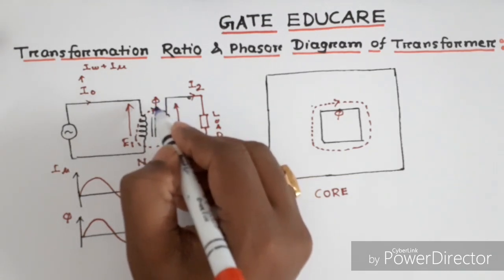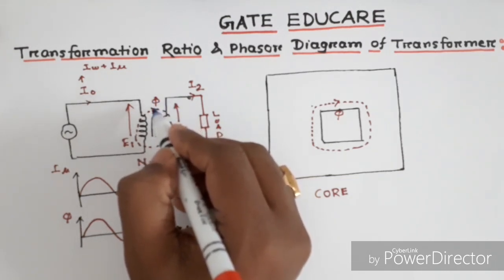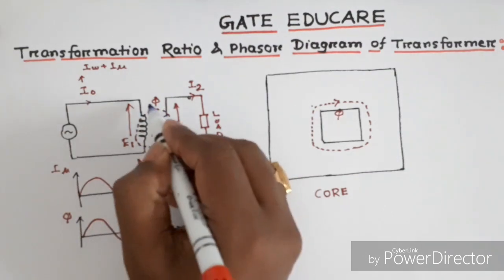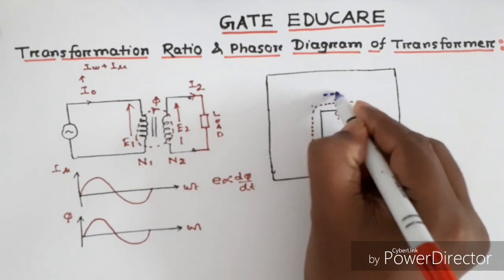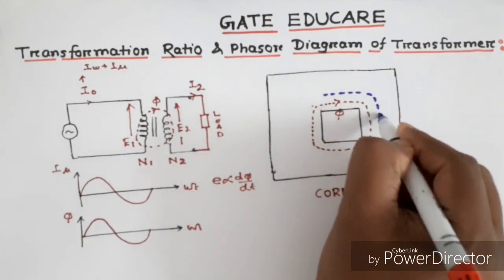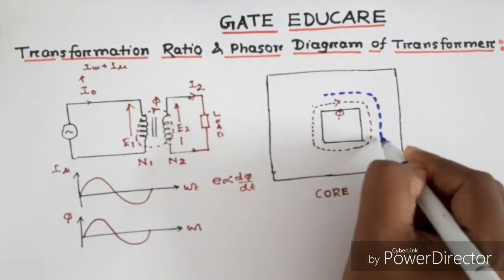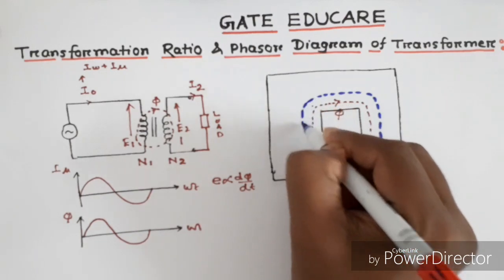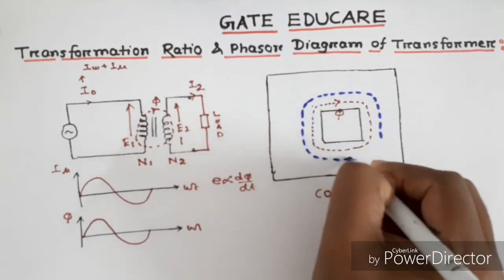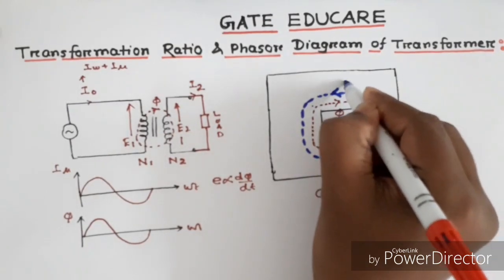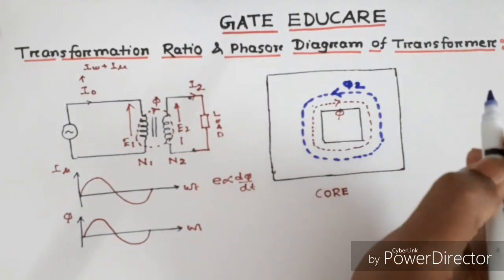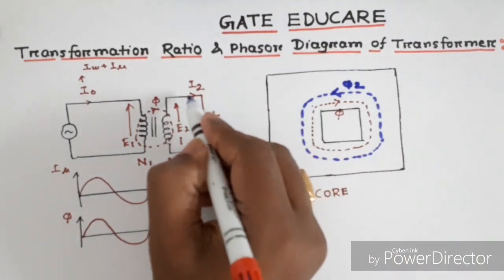Therefore, the direction of phi 2 will be opposite to phi. This flux phi 2 is due to current I2.